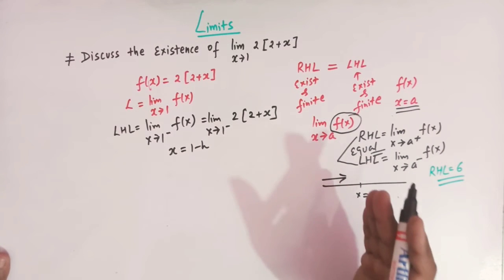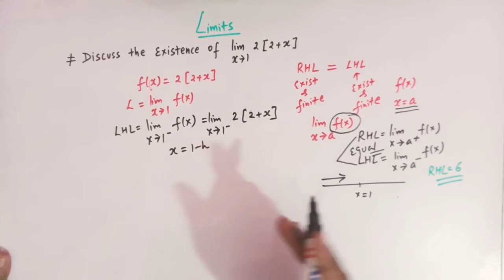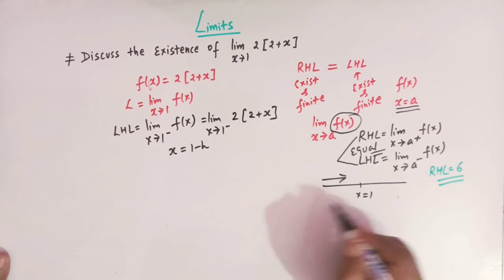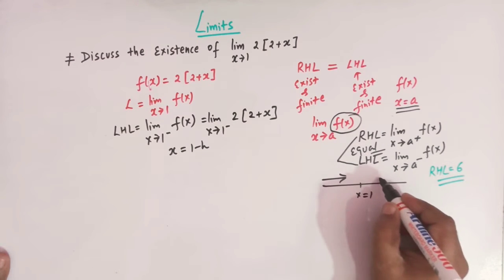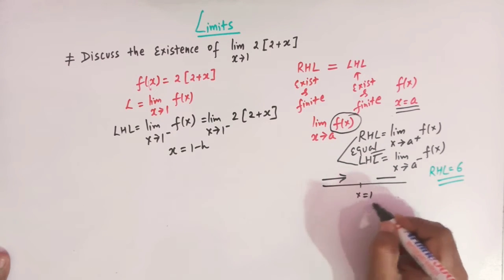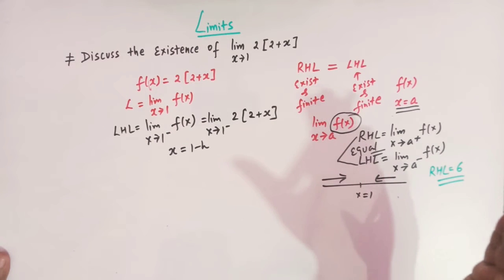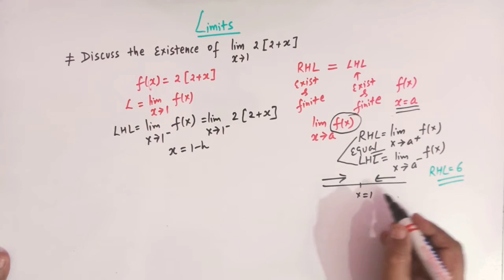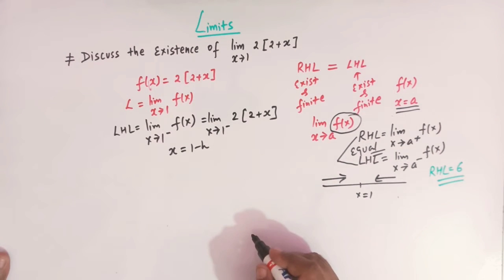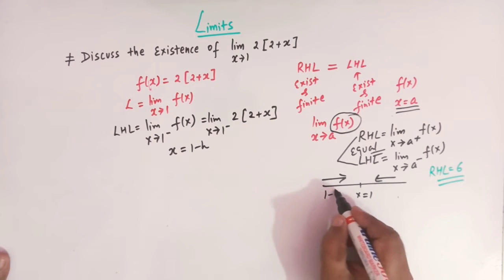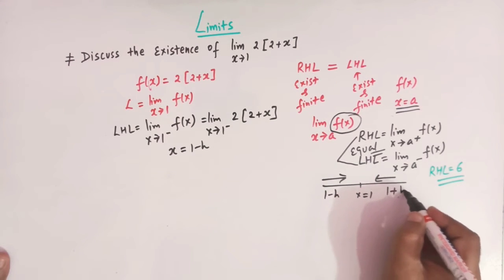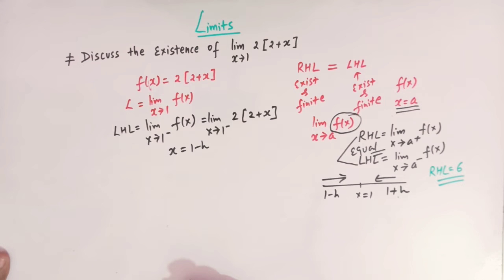So all the values which lie towards the left of x is equal to 1 are less than 1, and when we approach towards x is equal to 1 from the right, all the values which are lying towards the right of x is equal to 1 are greater than 1, right? So here we'll consider 1 minus h, and here we'll take 1 plus h, right?